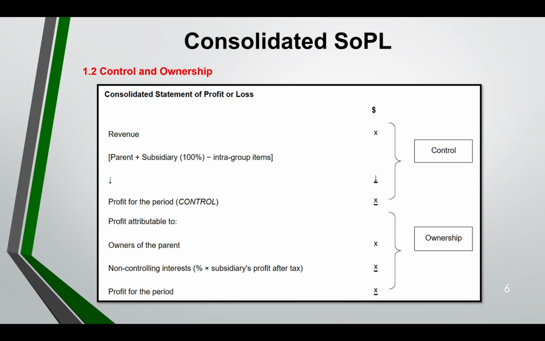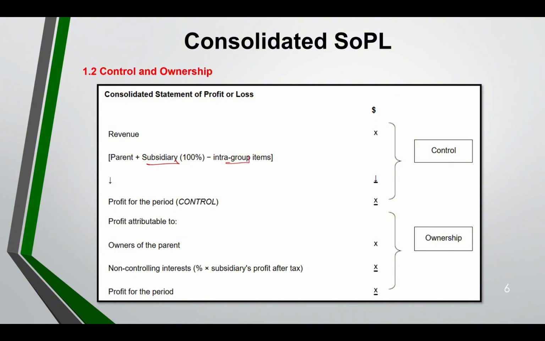Same as you consolidate the assets and liabilities of the parent and the subsidiary in the statement of financial position, here it is revenue and expenses that you will consolidate. So revenue will take the parent and subsidiaries. Remember, a subsidiary you can acquire at any percent, 50%, 60%, 70%, but when you are taking the revenue, 100% of the revenue you will accumulate, minus any intragroup transactions. Always eliminate.